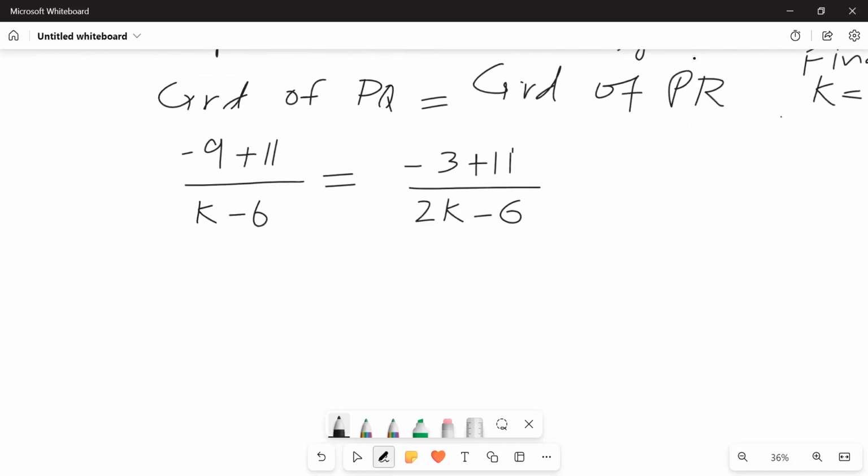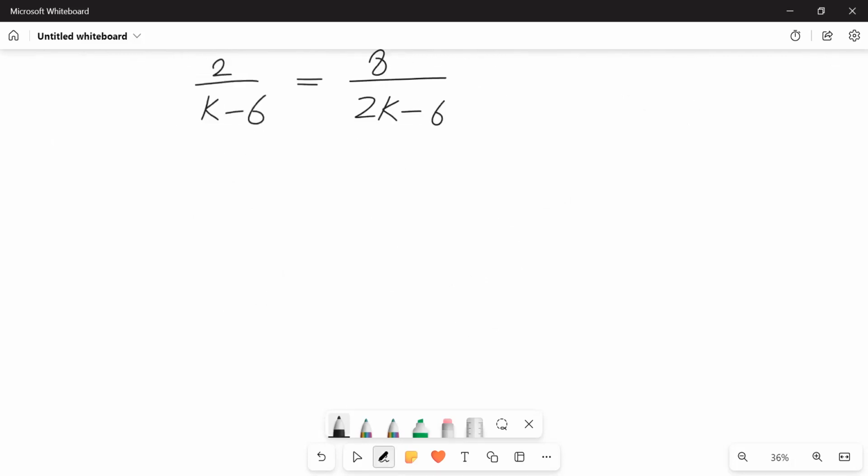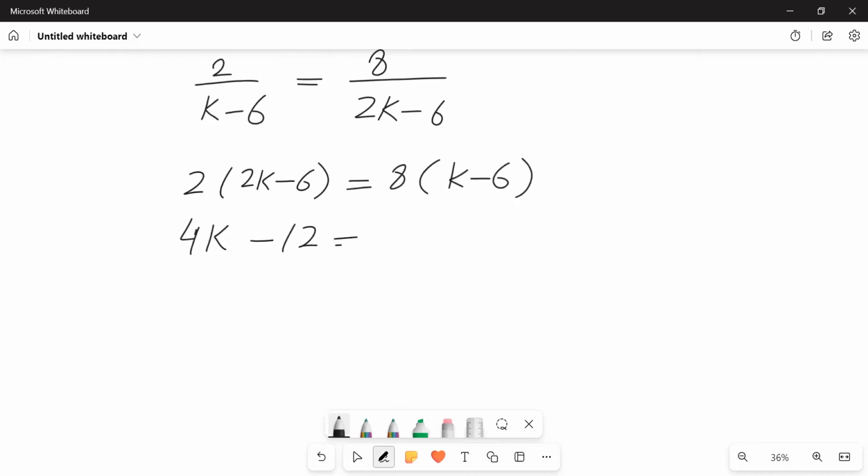Now we will simplify this. -9 plus 11 is 2 over k minus 6, and -3 plus 11 is 8 over 2k minus 6. Now we will cross multiply. So 2 times 2k minus 6 is 4k minus 12, and it is 8 times k minus 6, which is 8k minus 48.